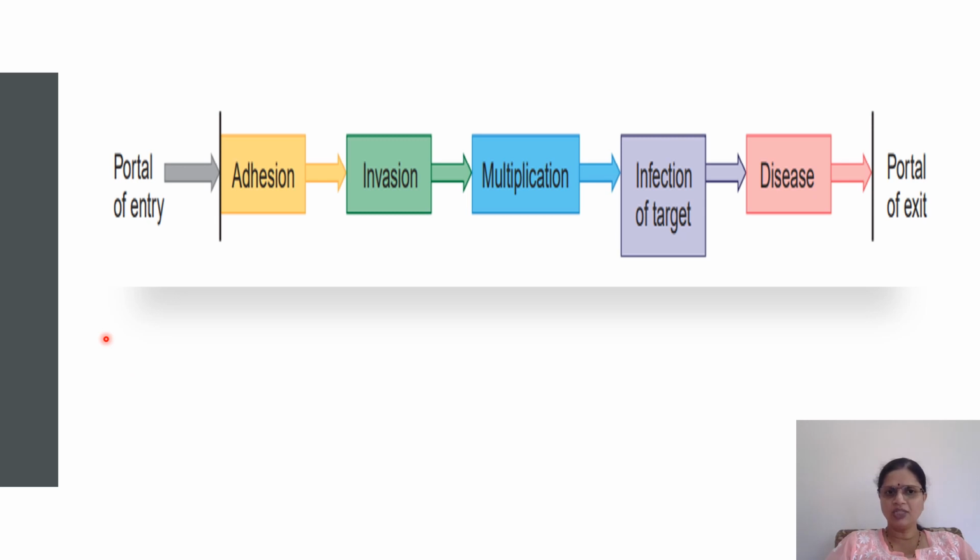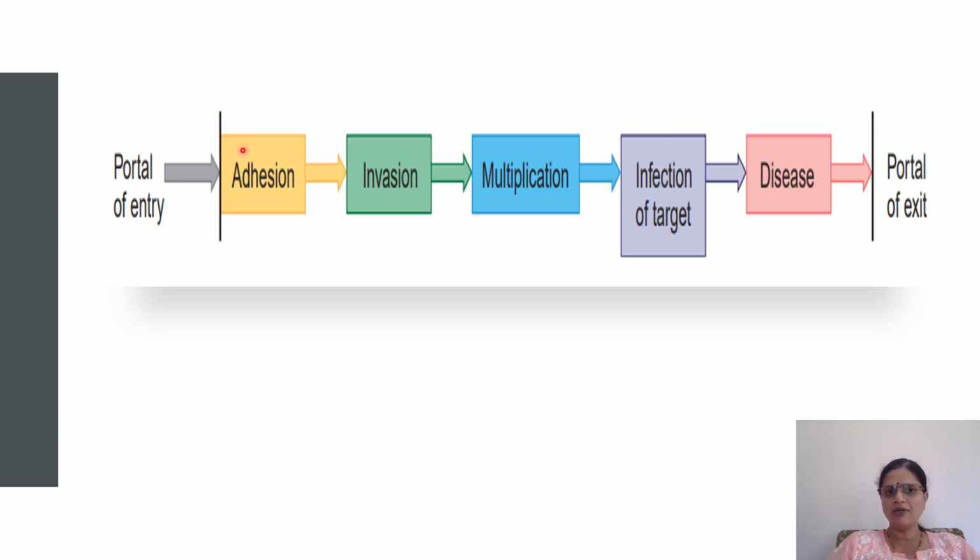Now look at this chart carefully. This is the life cycle of a pathogen. The pathogen is first going to enter inside the body through some portal of entry. It could be any route: skin or respiratory tract or gastrointestinal tract or genitourinary tract. Through some entry point, it is going to enter inside the body. As soon as it enters, the first step it does is attach to our body cell, on the surface of our body cell.